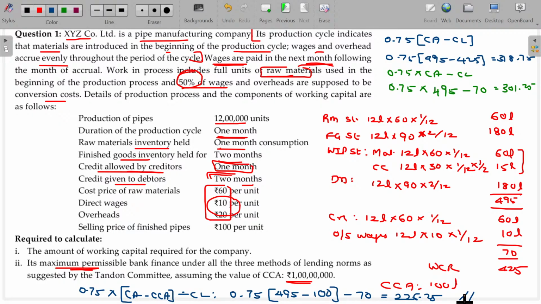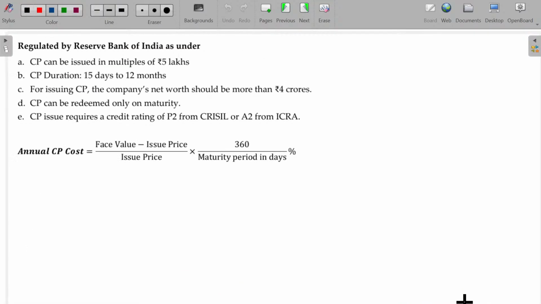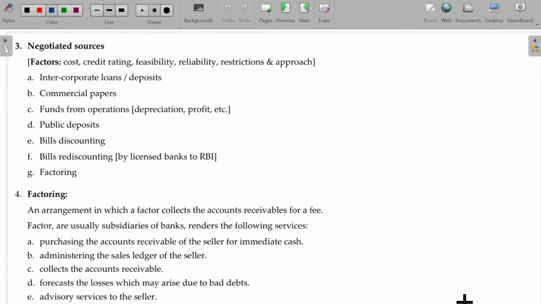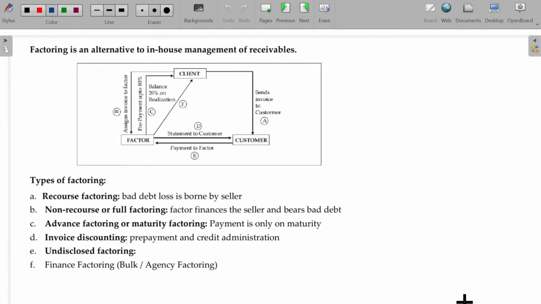Now, let's see the concept called factoring.